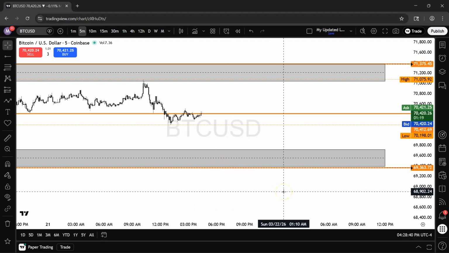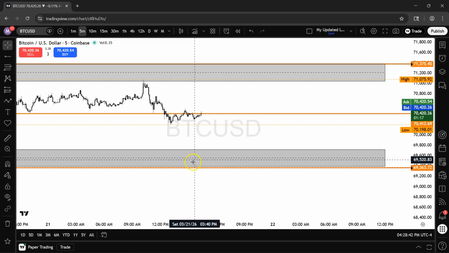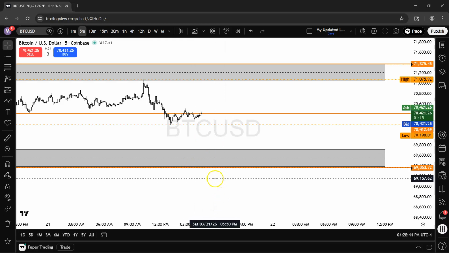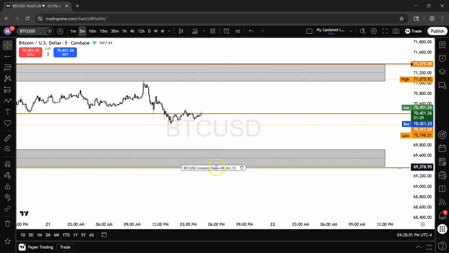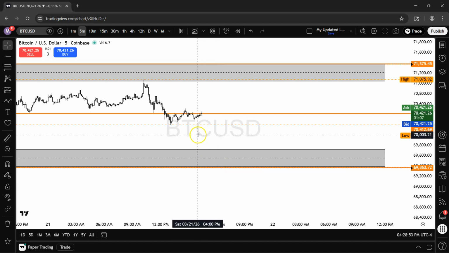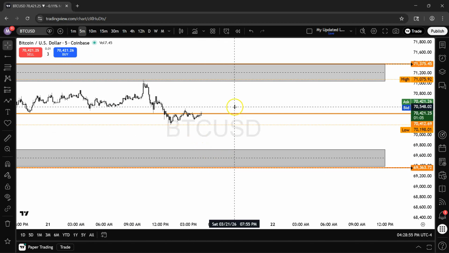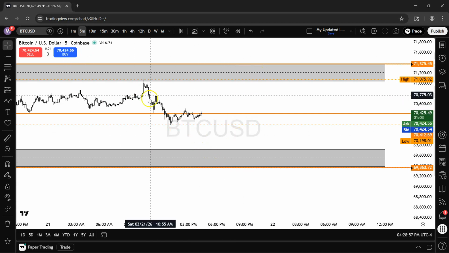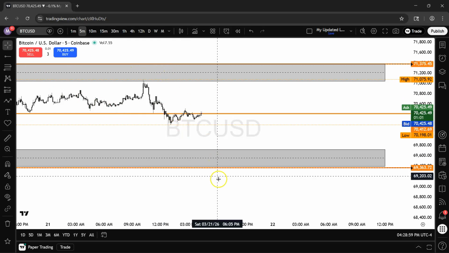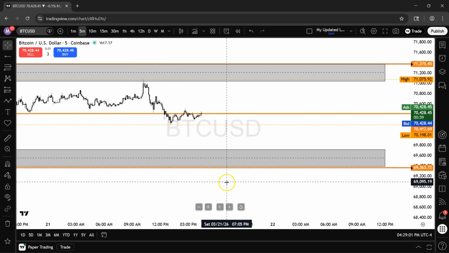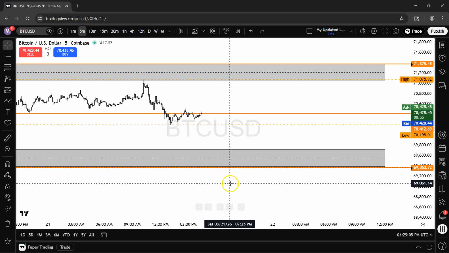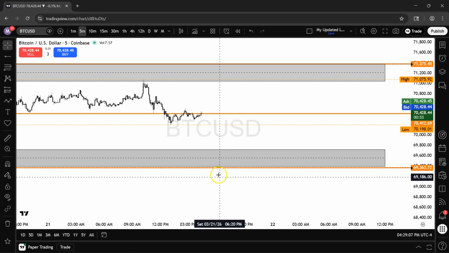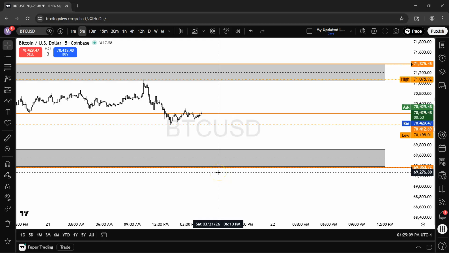If it bounces off the line, you're looking for a bullish engulfing candle to trend higher. If it goes beyond the line, breaks down, then you're looking for a bearish engulfing candle. Hopefully that makes sense.